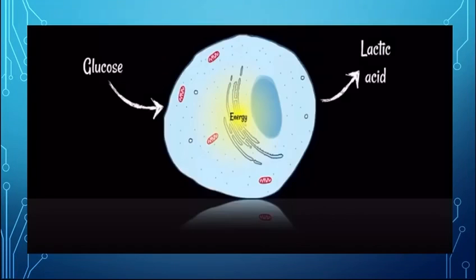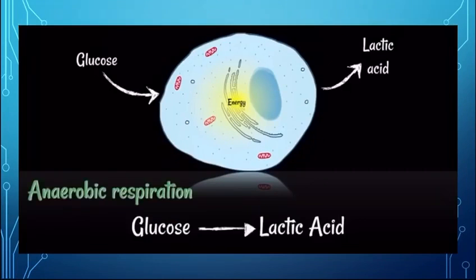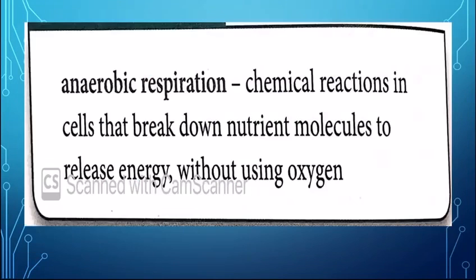Okay, but on the other hand, when there is no oxygen available for the glucose to combine with, usually during excessive exercise, then glucose itself releases a small amount of energy and produces lactic acid, or alcohol in plants and other microorganisms. So that is called anaerobic respiration, when the glucose does not combine with oxygen and it releases a small amount of energy.